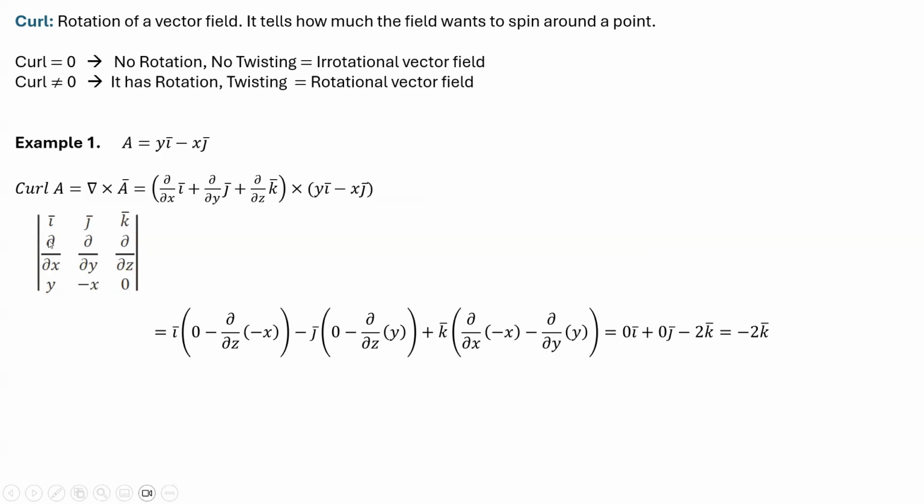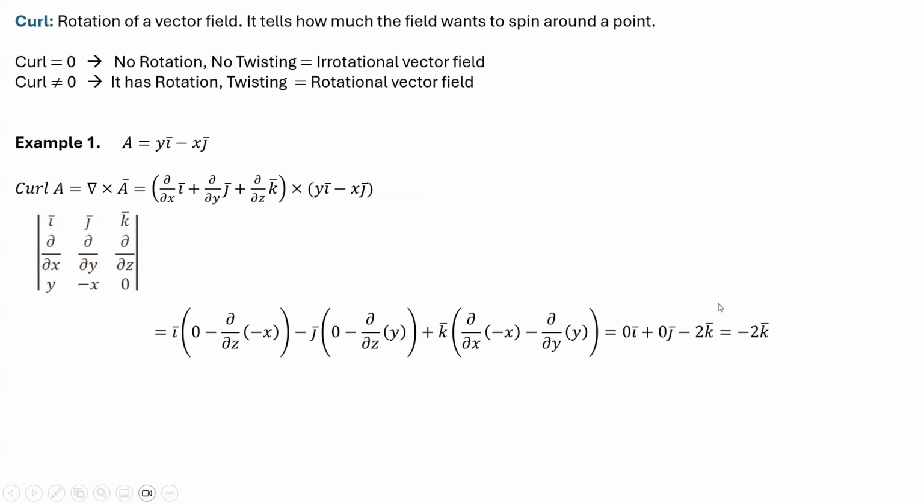Then we will get delta by delta x times minus x minus, over here, delta by delta y times y. So we'll do the partial differentiation here. And ultimately, we obtained minus 2k cap.